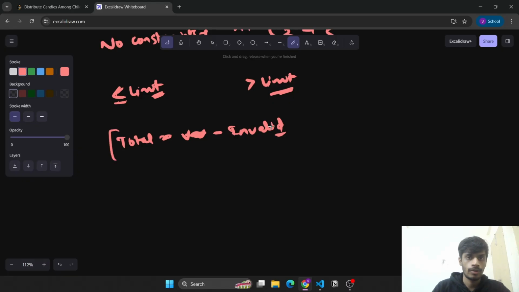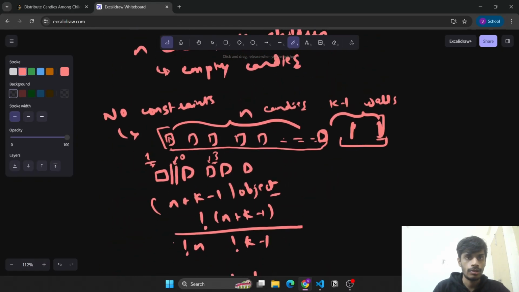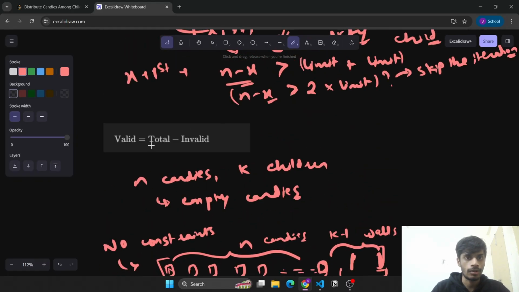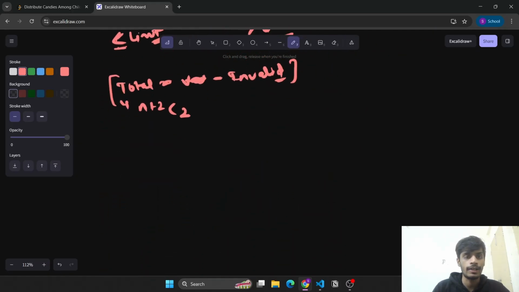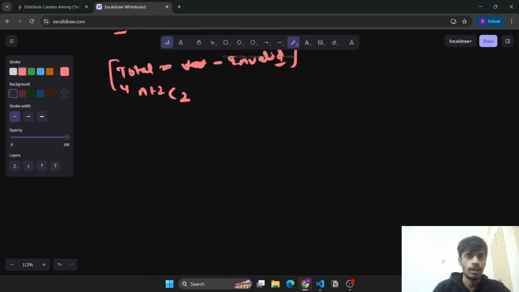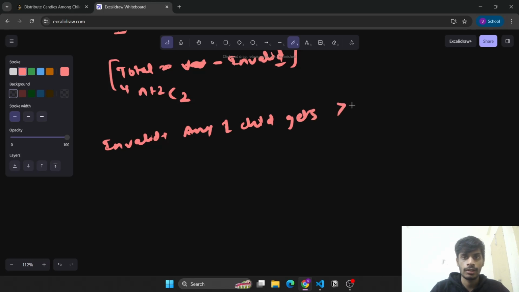So this total is basically n plus 2 C 2 here. Alright, so this formula we will be finding, n plus 2 C 2, and now we'll be subtracting the invalid cases. And what are the invalid cases? Any one child gets greater than limit candies.